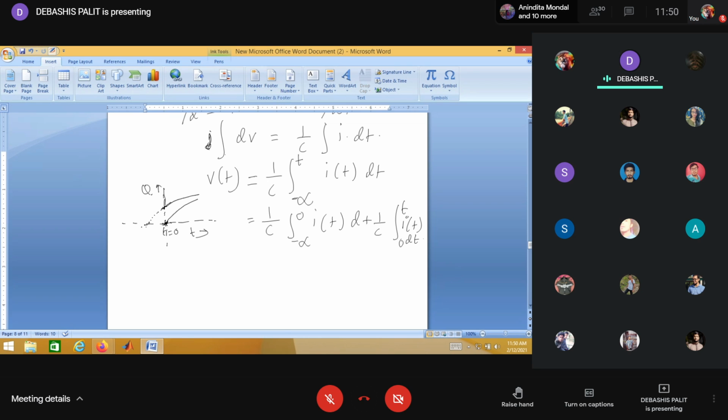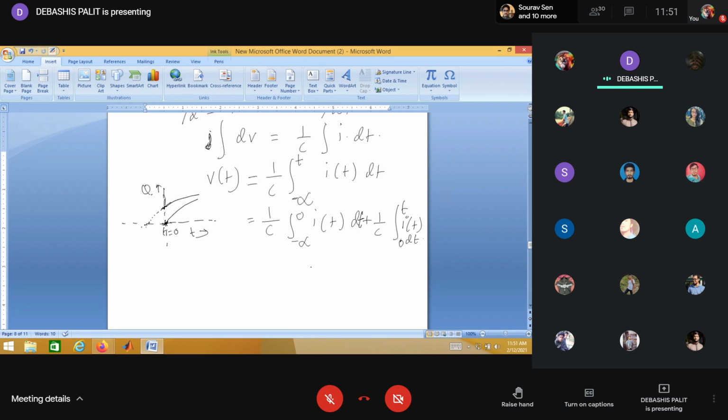So if I consider the time splitting from infinite time before the original timing, there may be some effect, and that effect is considered in time. So from infinite time to zeroth time there is a charge, and from the zeroth time to a certain specific time there is the charge which is being stored.